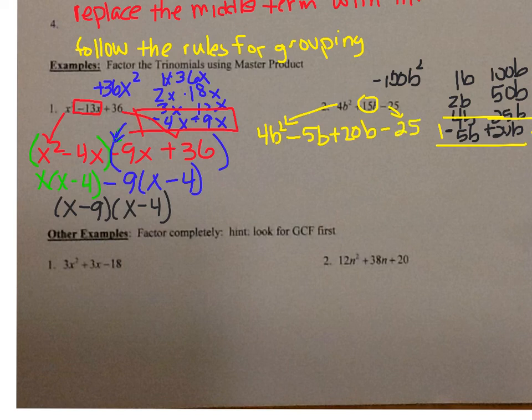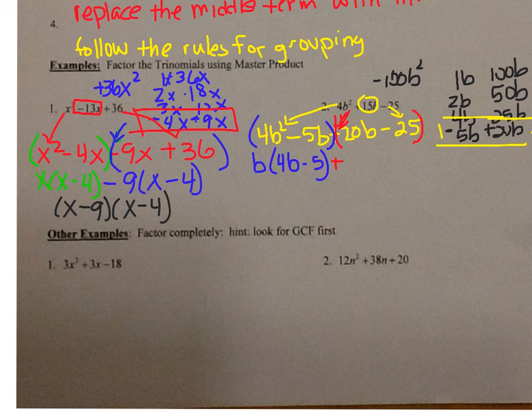Now we're going to factor by grouping. So we have the first group in blue, and the red group. So in the blue group, the GCF is just b, times 4b minus 5. Now notice in the red group there is a plus there, so it's positive.